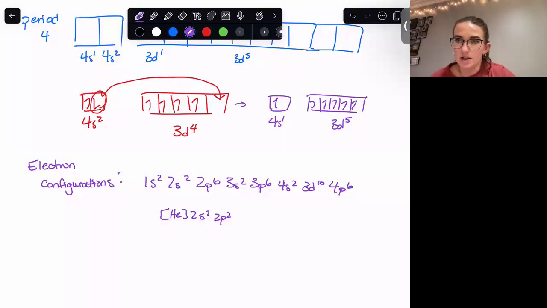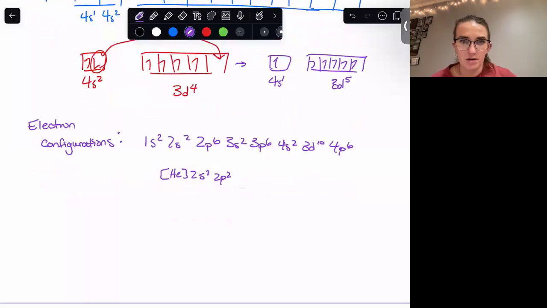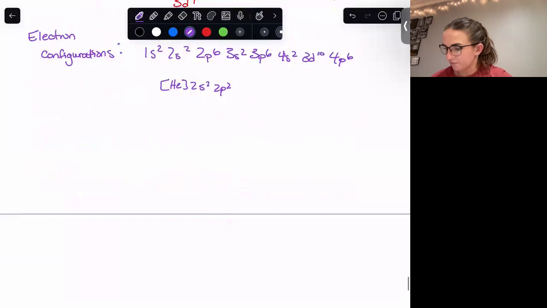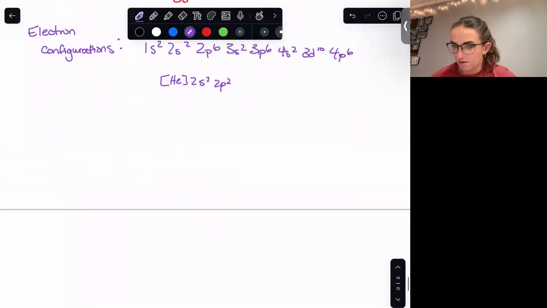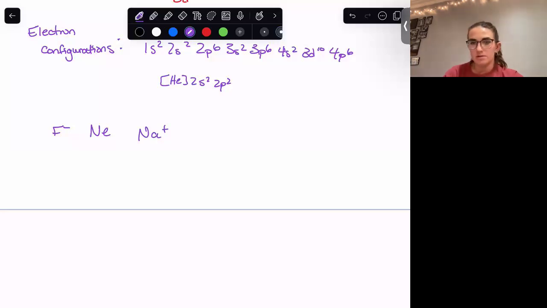Yep, so when the elements have the same number of electrons, if we're looking at neon, fluorine minus, and sodium plus, how many protons do each of these have?